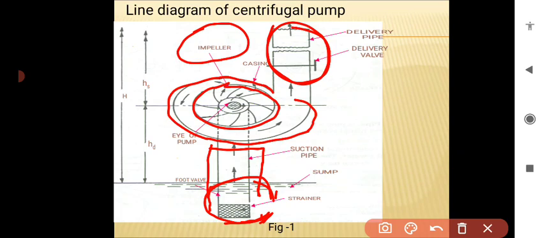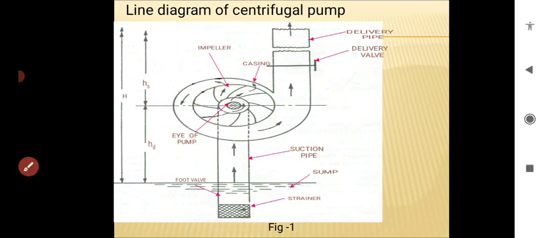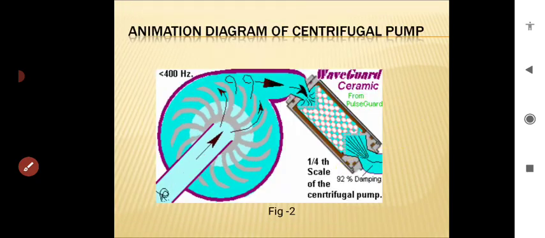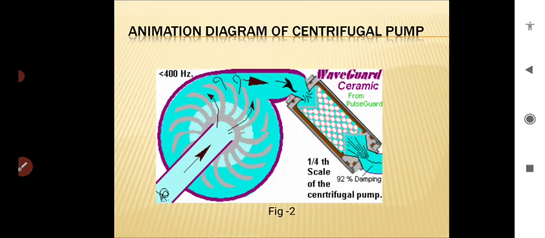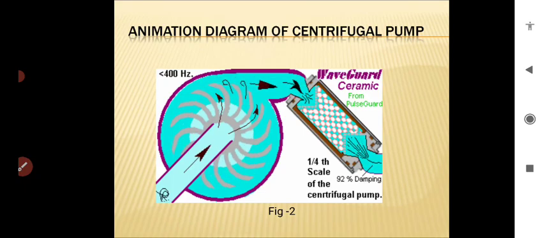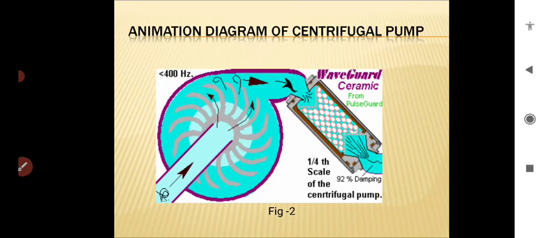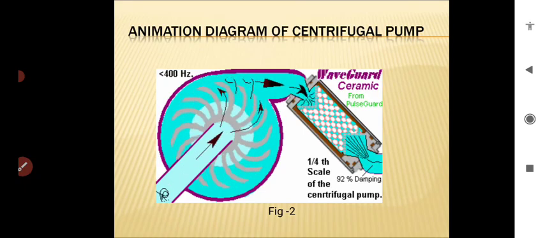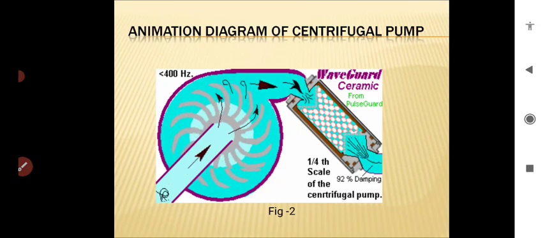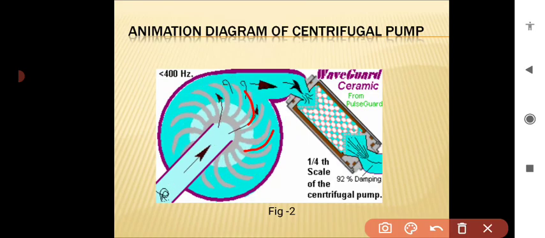Coming to the operation of the centrifugal pump, the first one is the impeller. Observe that impeller, the rotating element inside the casing of the centrifugal pump, is called impeller. It consists of a series of backward curved vanes.